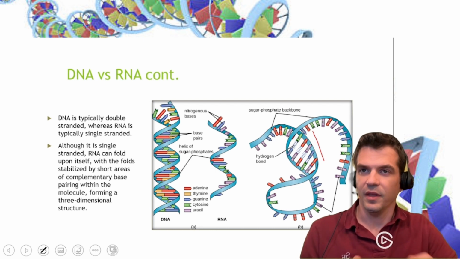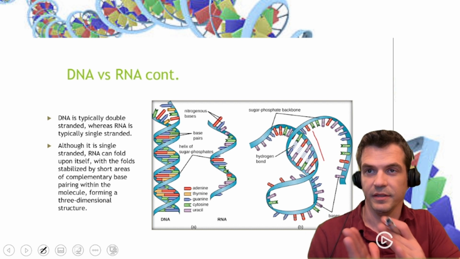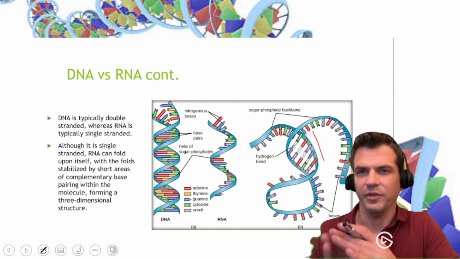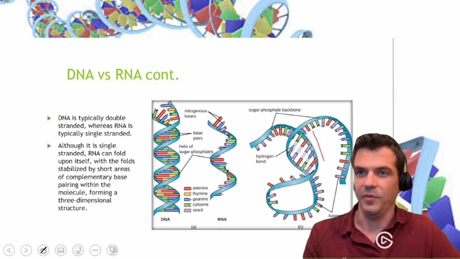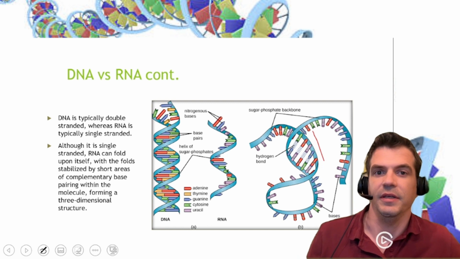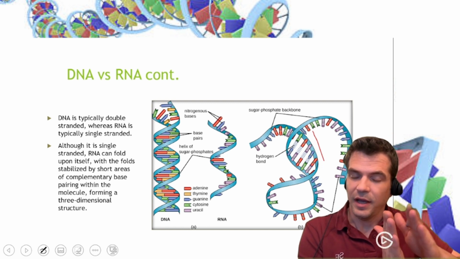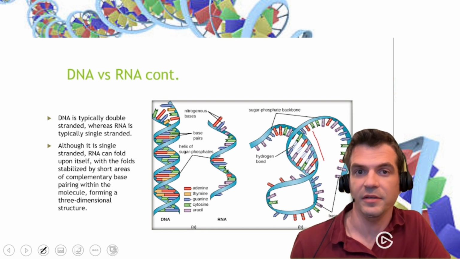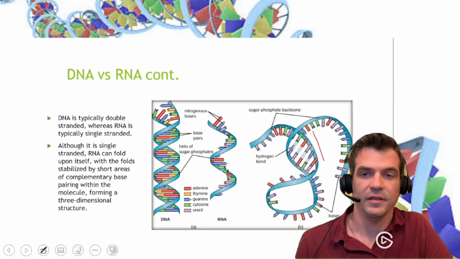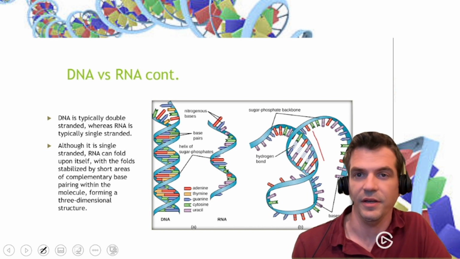Sometimes they are, but sometimes you design them yourself in the lab and they are complementary and they ruin your experiment. So you have to watch out for those. They have software to detect them. Anyway, the RNA folds in on itself because it is single-stranded and those hydrogen bonds beg to be formed. So single-stranded versus double-stranded is another difference between DNA and RNA.